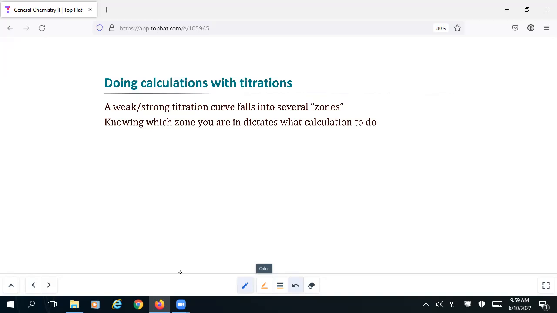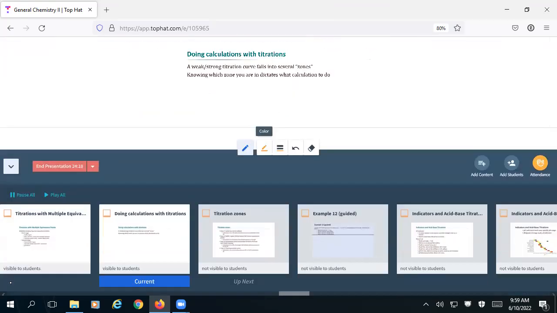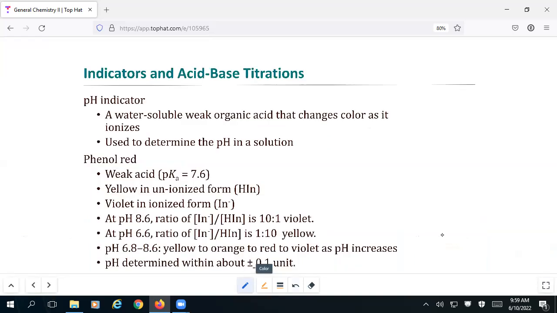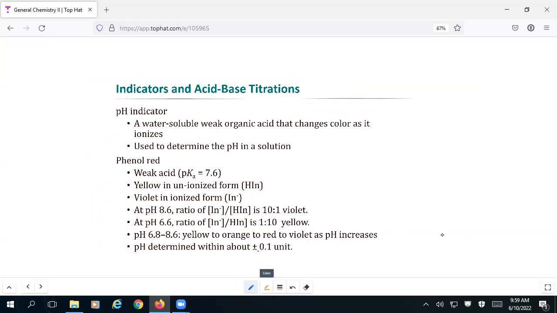So before we get into the calculations with titrations, I'm actually going to skip ahead just a little bit and come back to the concept, the idea that we were looking at the beginning of this week with indicators.